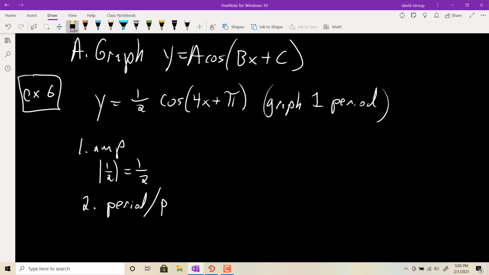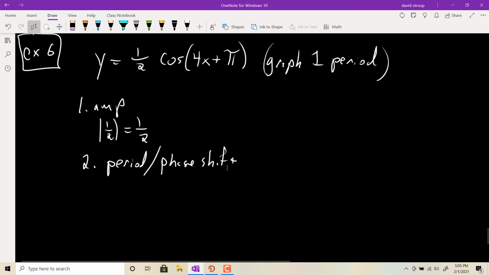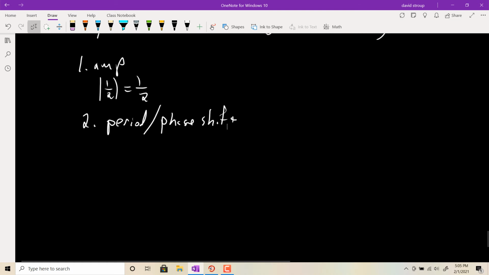But for this one, the phase shift looks like we're going to start at -pi, or it'll end up being negative pi over 4. So let's look. Wedging all that material in, what is it? 4x plus pi, and we wedge that in between 0 and 2 pi.